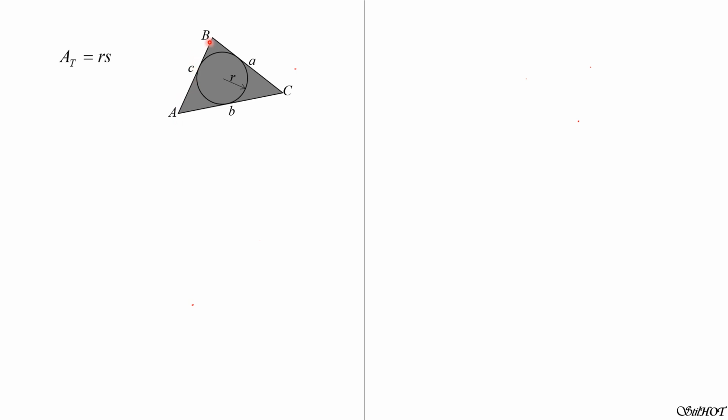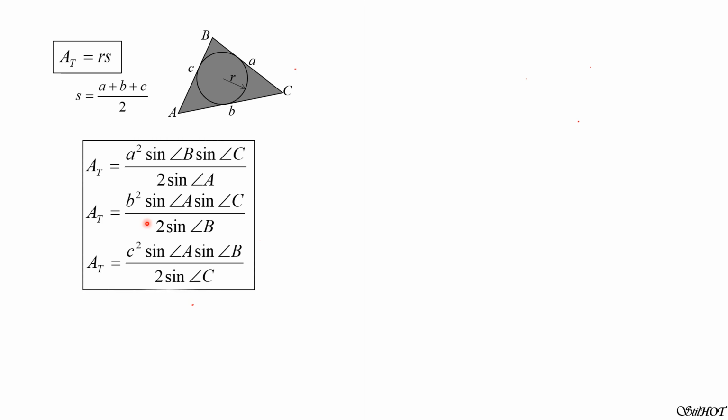You just apply 1/2 base times height. 1/2 A, and the perpendicular height would be R, 1/2 B times R, then 1/2 C times R, factor out R over 2. Then you'll have R over 2 times quantity A plus B plus C. Since A plus B plus C is the perimeter, divided by 2, that's S. So area is RS. Next is this formula here, together with the law of sines.